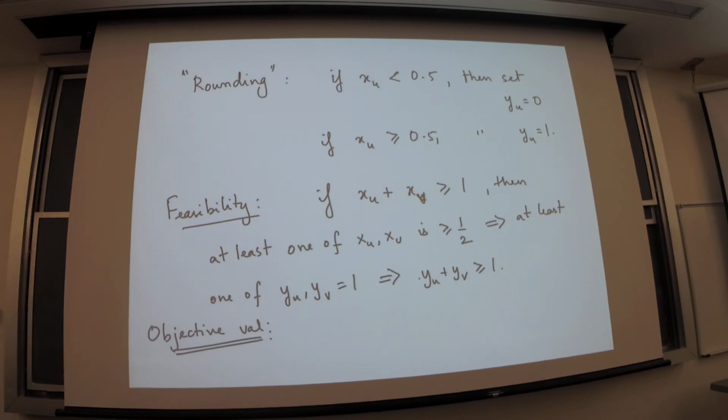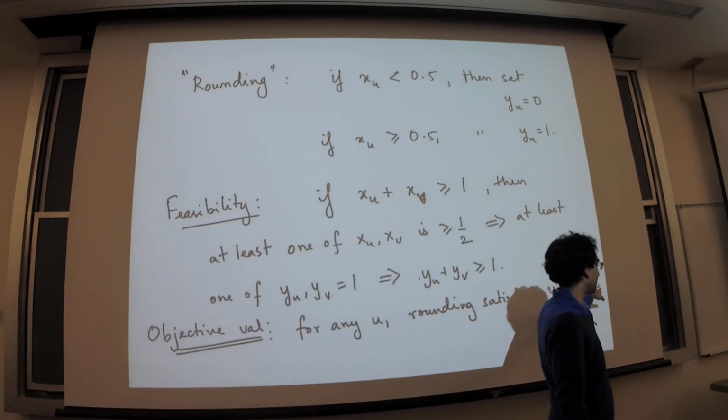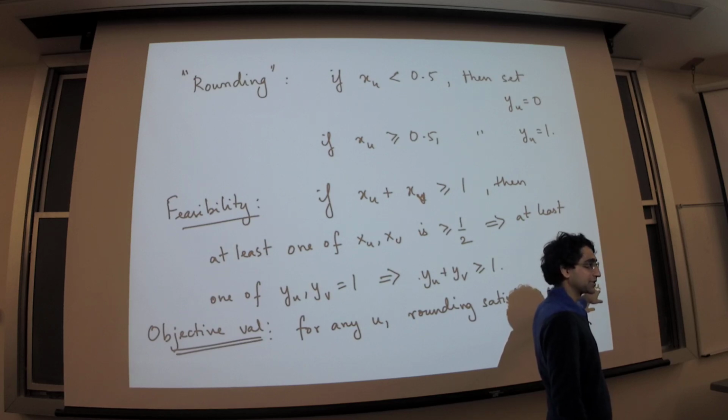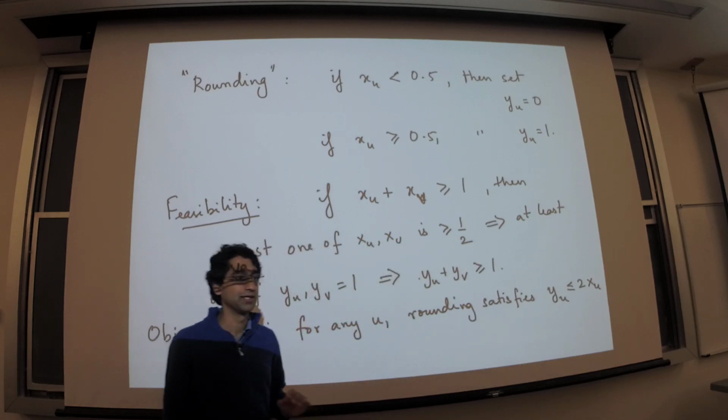So that's his intuition. And yeah, in fact, there is a much easier way of saying this intuition, which is just observing that for any u, the rounding satisfies yu is less than or equal to 2xu. Okay, because if xu was between half and 1, this is trivially true. If xu was less than half, you would round to 0, so this is again trivially true.